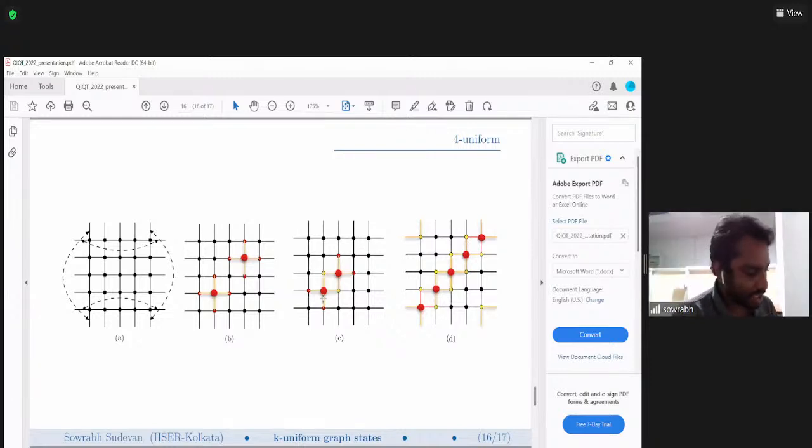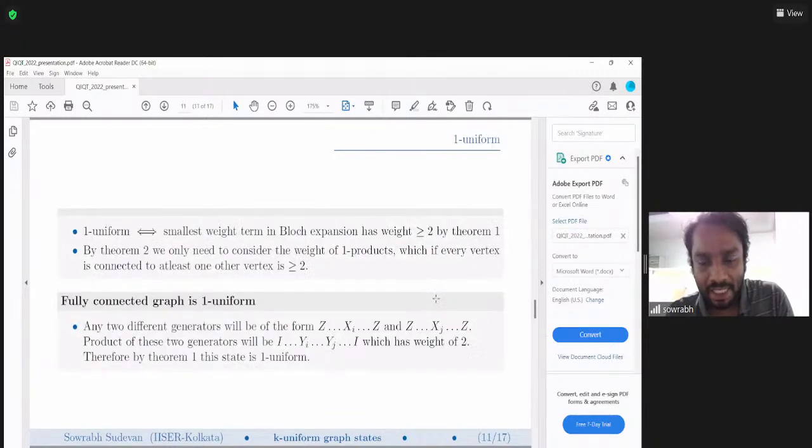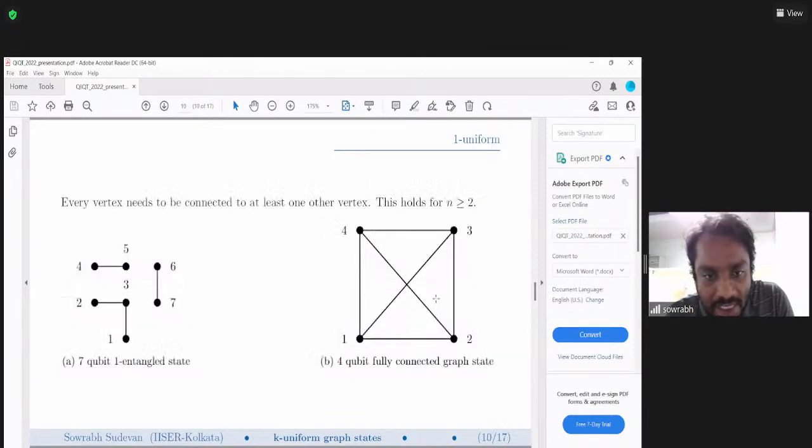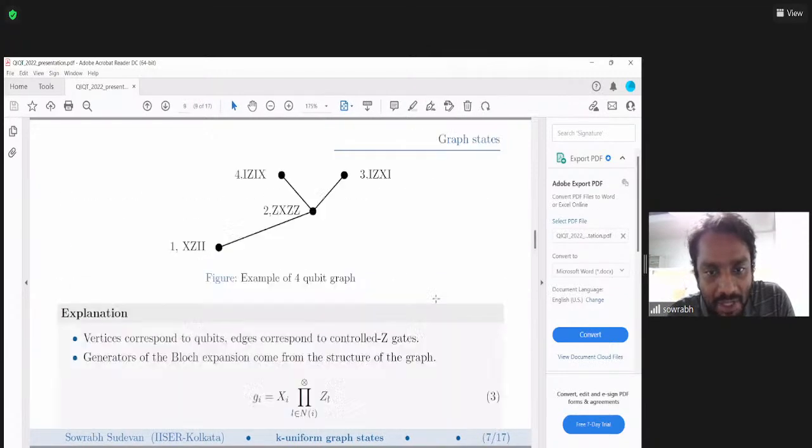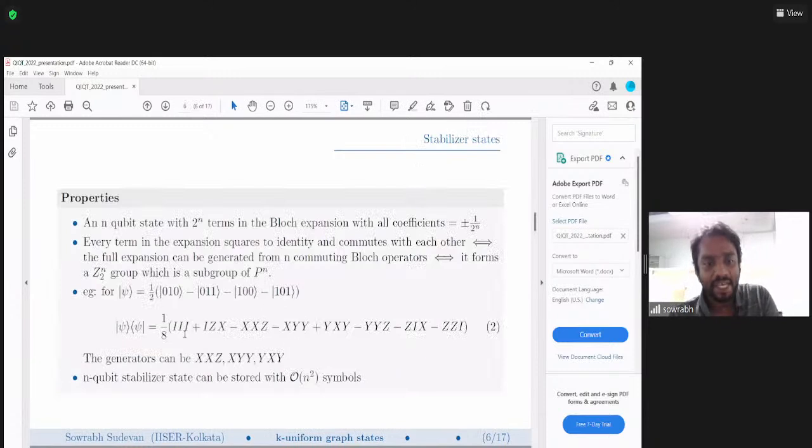So this is actually something that we are looking at right now. Let's say there is one property of these stabilizer states. Let's take some particular expansion, for example this expansion.